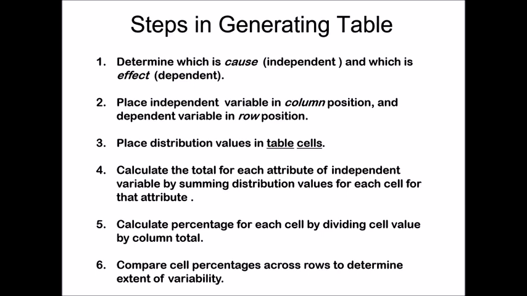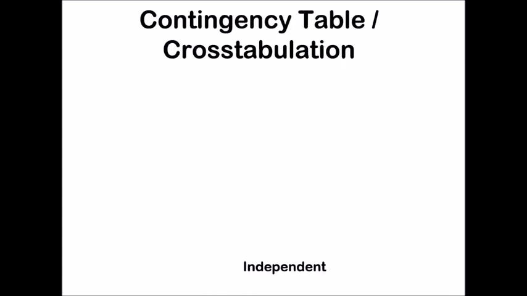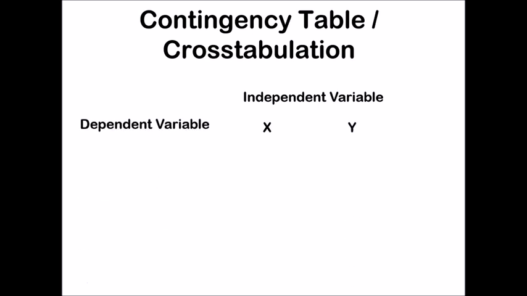Now, this may seem a little complicated, so I'm going to go through each step with you. So here we have our independent variable and each attribute, x and y. Our dependent variable, each attribute, a and b.